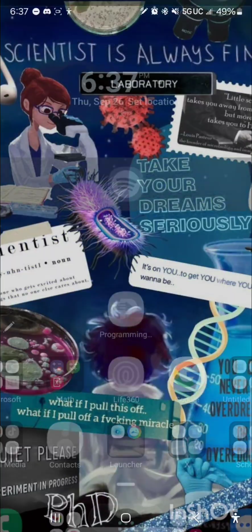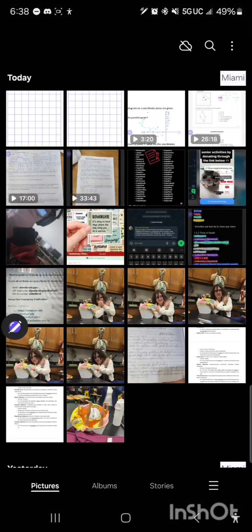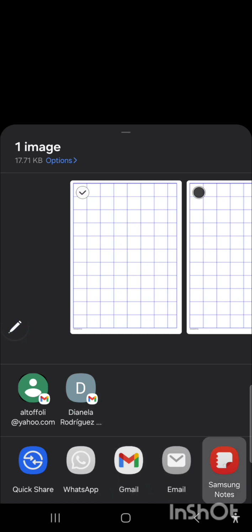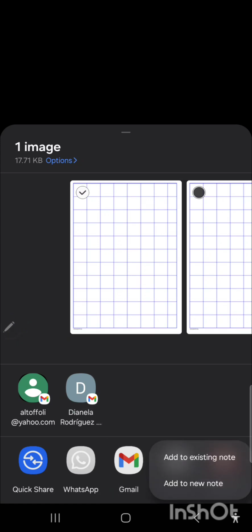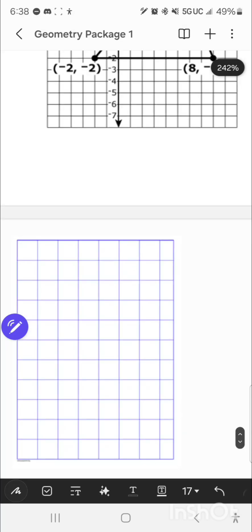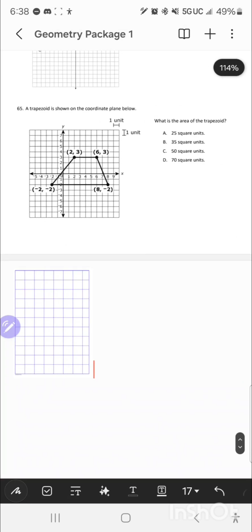So I'll transfer this to the note and write it there: existing nodes and geometry. So we have it here.